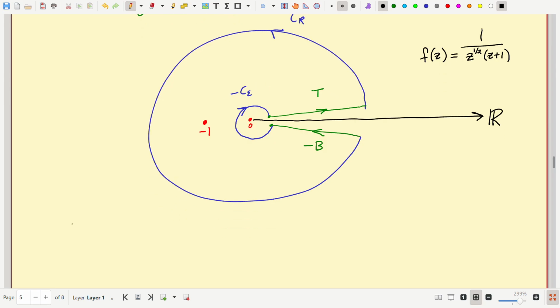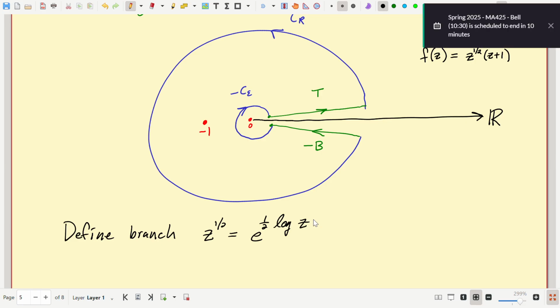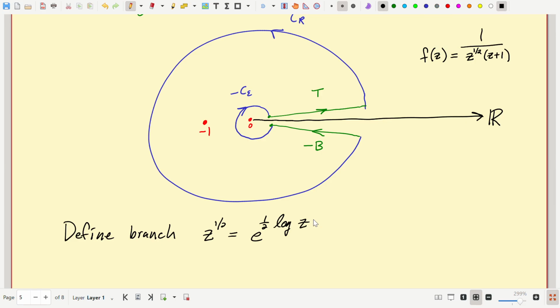So let's define a branch. z to the 1/2 equals e to the 1/2 log of z. That's how we define analytic versions of the various root functions. We had to choose a branch of log for which it would make sense in the region where we're dealing. And I want to choose the branch of log where the angle goes from 0 to 2 pi.